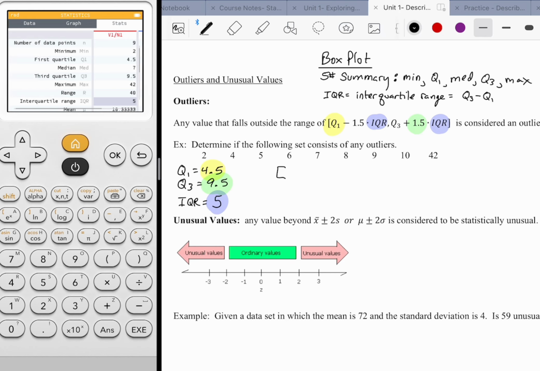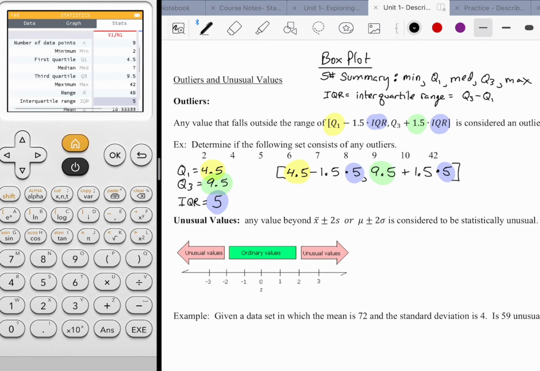So I would write this as 4.5 minus 1.5 times 5, and then 9.5 plus 1.5 times 5. I'll do a color coding here. It's really just a little plug and chug action.